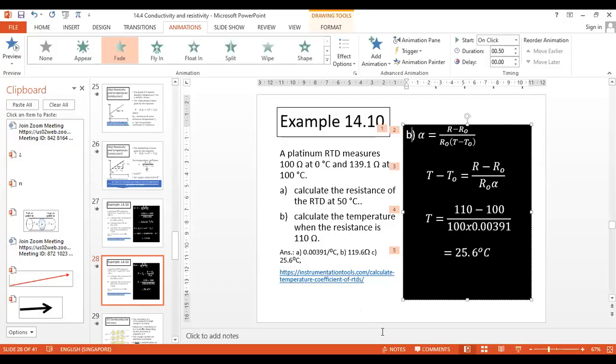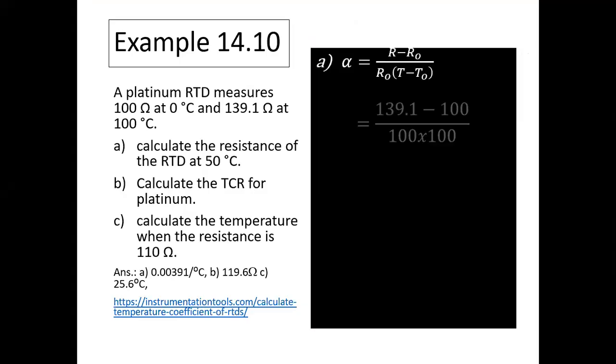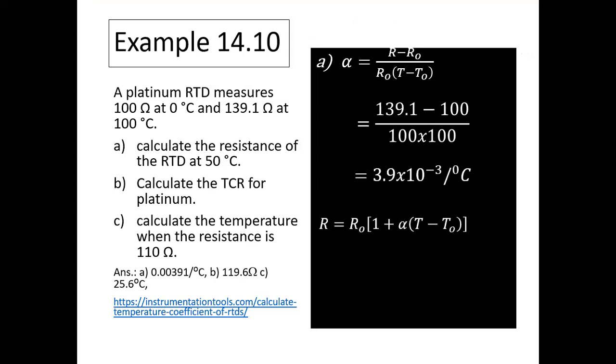Wait, teacher. Where did you get the alpha 0.00391, sir? Teacher, you never show the final answer for A. The answer is 119.5, 119.6. Yes, okay. Then the boy wants the alpha.